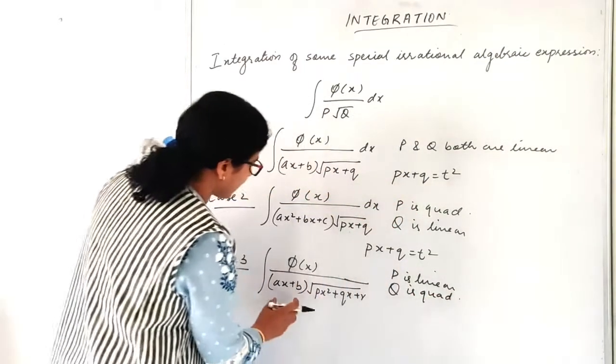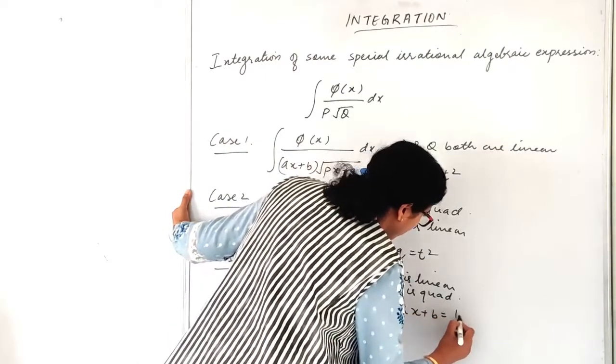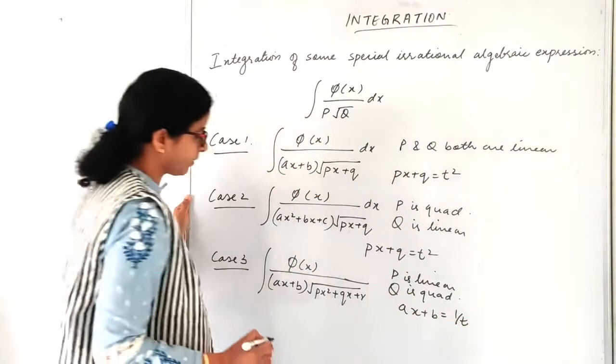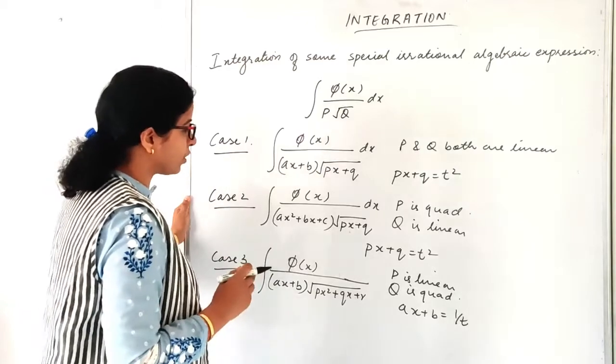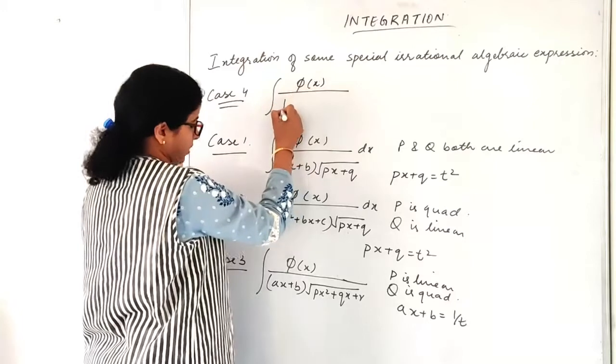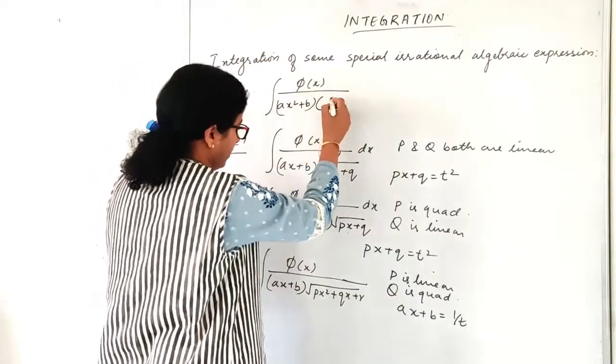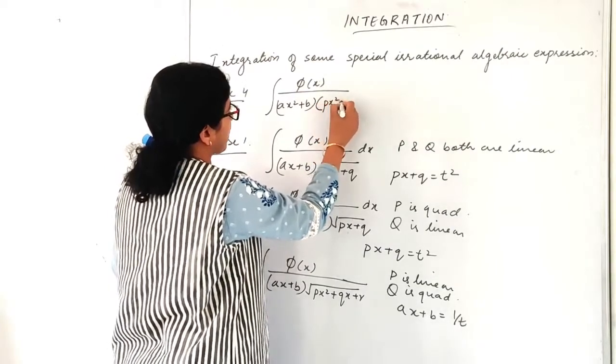In such a case we take ax plus b equals 1 by t. Now case 4, when both are pure quadratic. So it is ax square plus b and px square plus q.